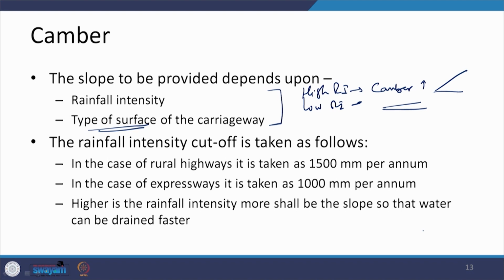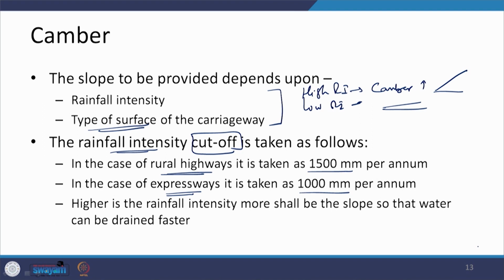Now, what are the values of the rainfall intensity which have been used as a cutoff to decide whether to provide a steeper slope or a flatter slope? In the case of rural highways, this value is considered as 1500 mm per annum. In the case of expressways, it is considered as 1000 mm per annum.